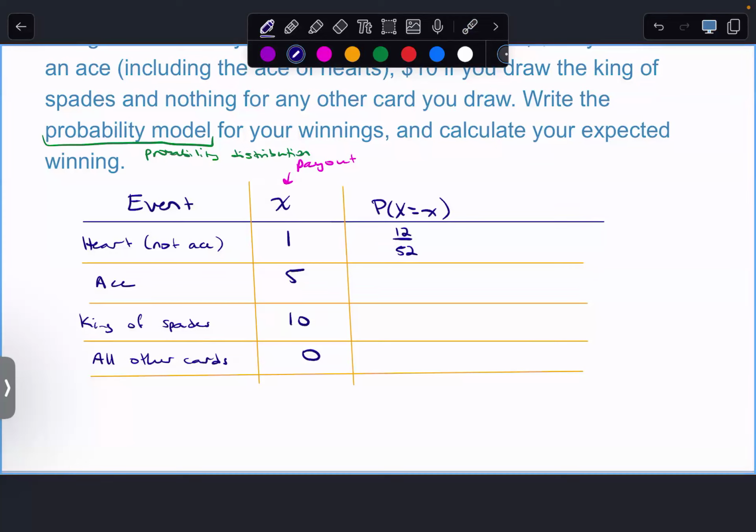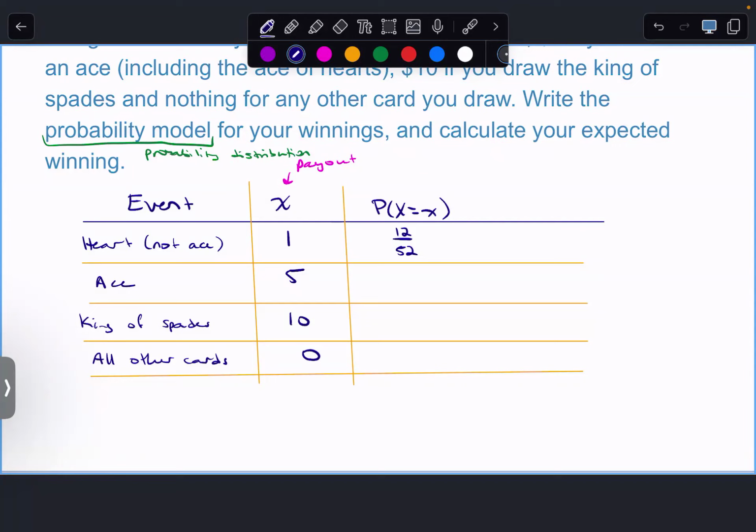I'm going to keep it as a fraction. You can convert it to a decimal if you want, but I'm just going to keep it as a fraction.